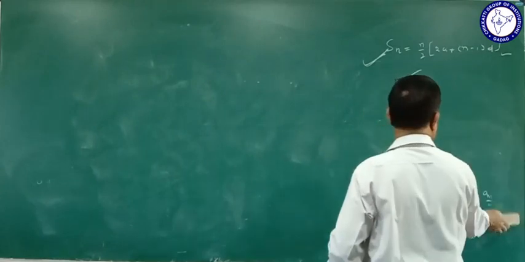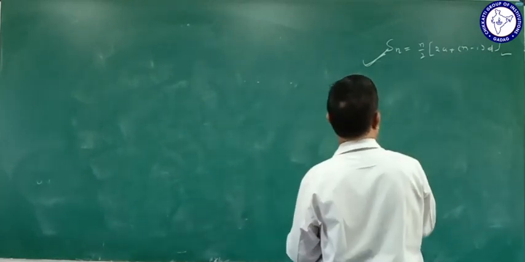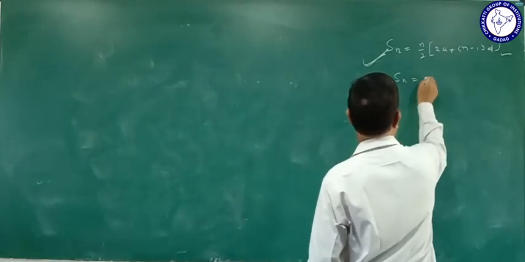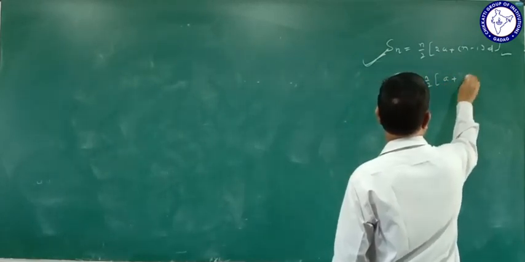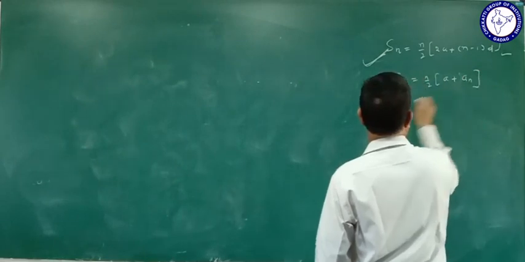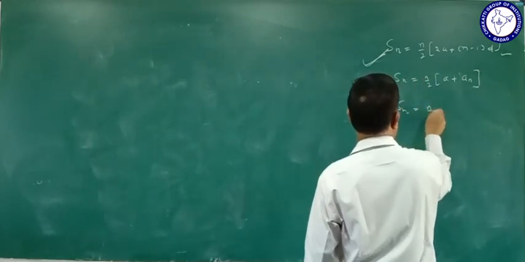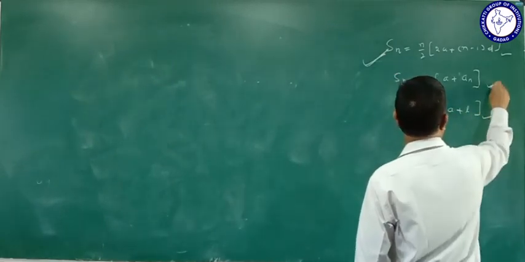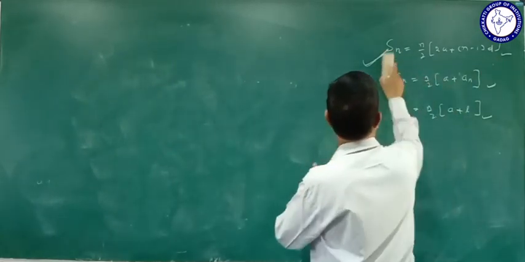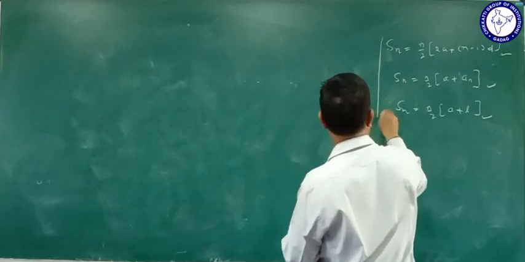I write both formulas here, all three formulas: Sn equals n by 2 times (a plus an), or Sn equals n by 2 times (a plus l). So these three formulas we use in calculation in this part.